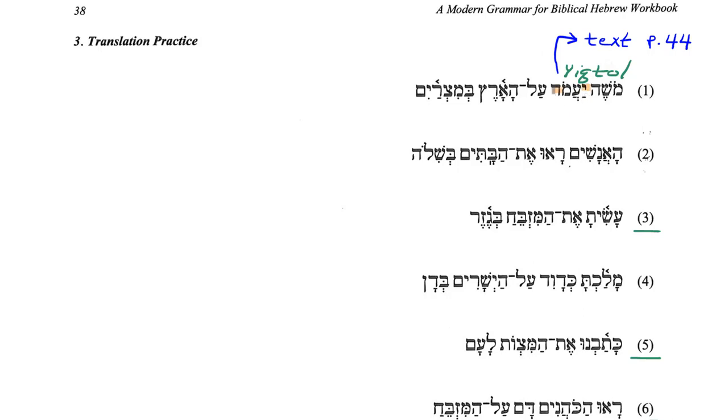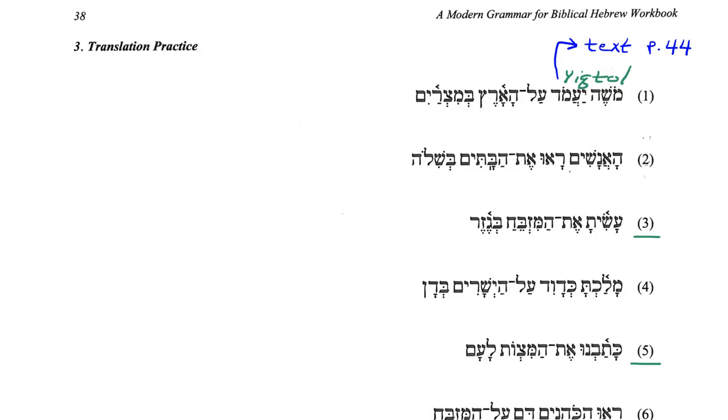So our root here is three letters, ayin, mem, and dalet. And then we have this prefix, this yod in front of it. We'll learn more about those in Chapter 10. But for right now, we just have to look this up because we don't know how to construct them or how to parse them.